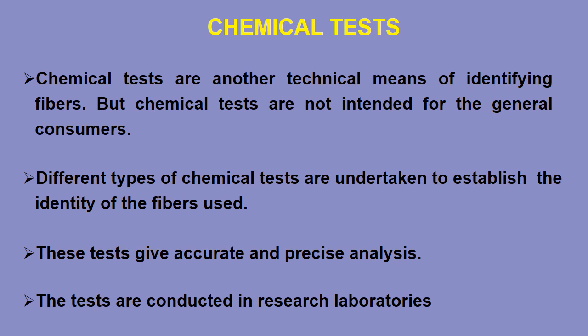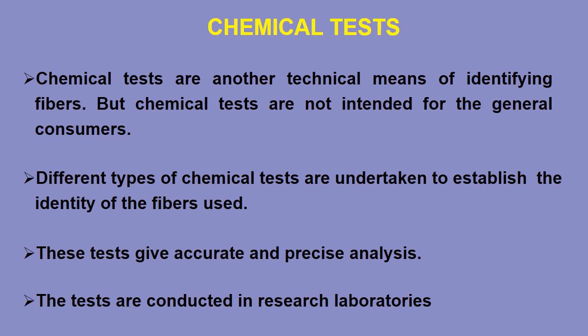Now we will discuss chemical tests. This comes under the technical tests. Chemical tests are another technical means of identifying fibers, but they are not intended for the general consumer. It cannot be done by the general public. It has to be done in a sophisticated chemical laboratory or research laboratory.